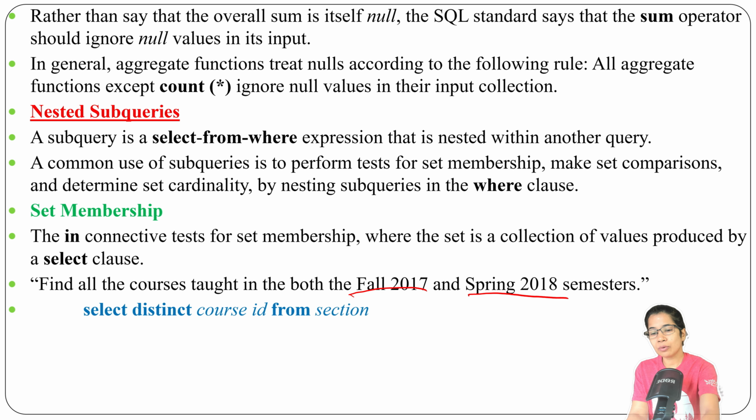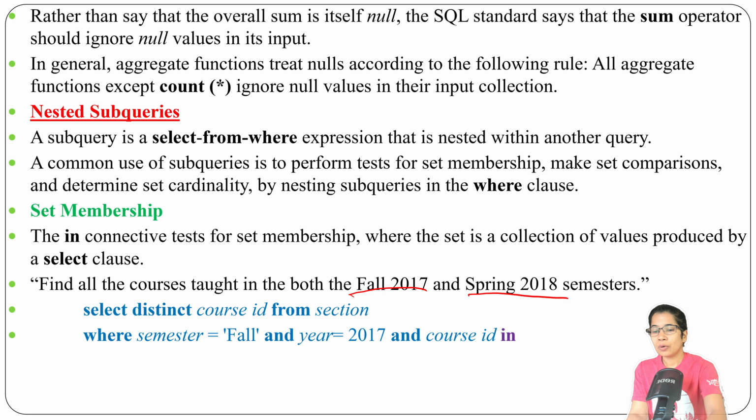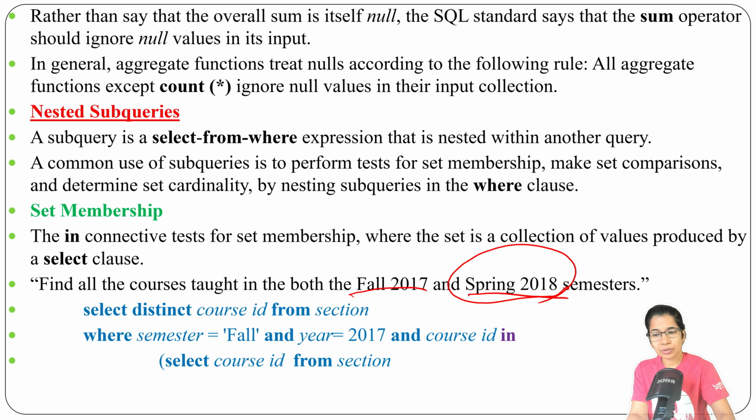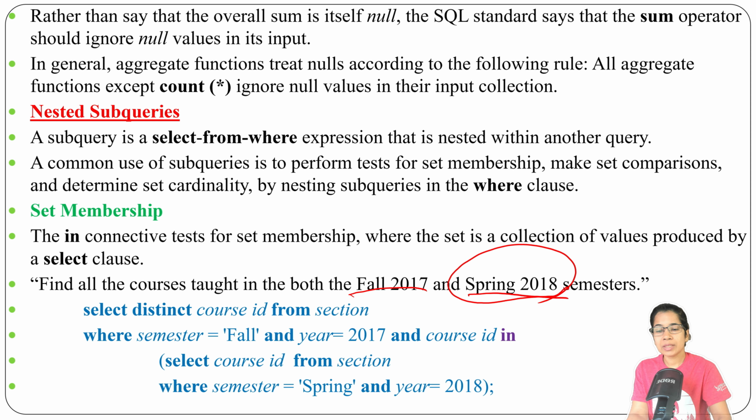Select distinct course ID from section where semester equals fall and year equals 2017 and course ID in, so that we need to check in spring 2018. So I'll write select distinct course ID from section where semester equals spring, year equals 2018. So it will show all the distinct course IDs which are in both fall 2017 and spring 2018.